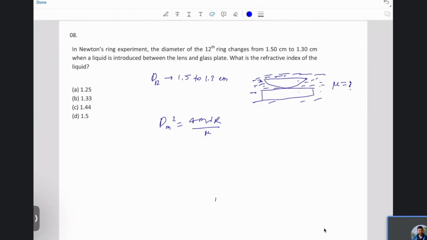Okay, now for air, mu equal to 1, so D12 square will be just 4 into 12 into lambda into R divided by 1, and the R is given, it's 1.5 centimeter.